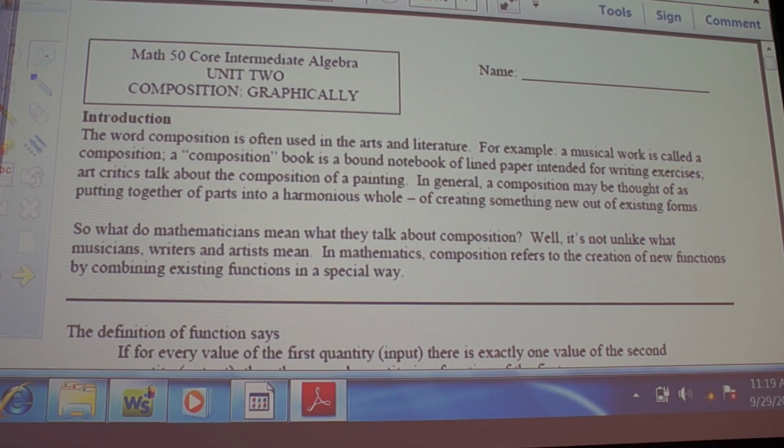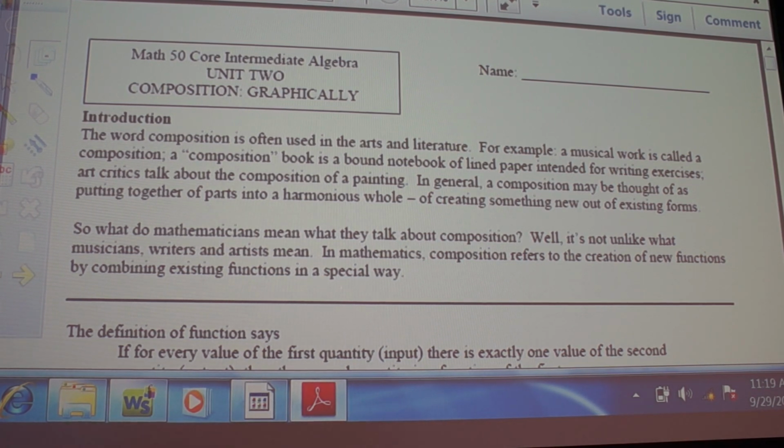Composition graphically. Yes. I just got. Good.